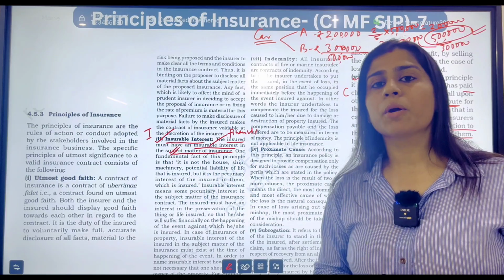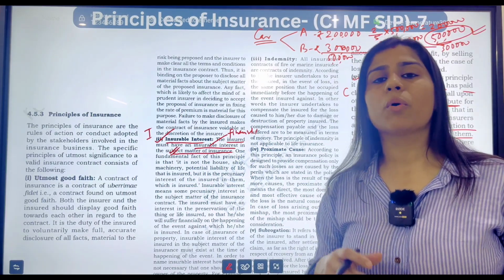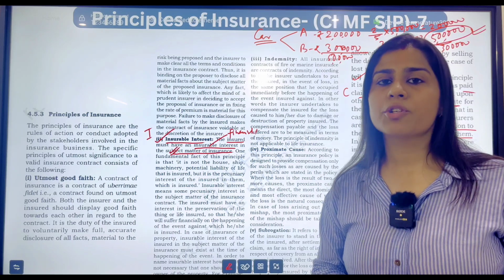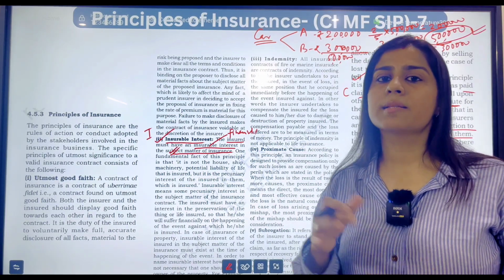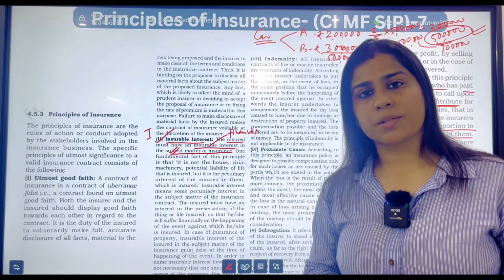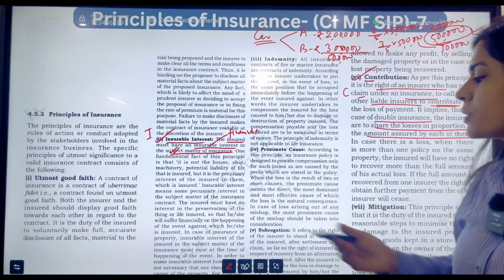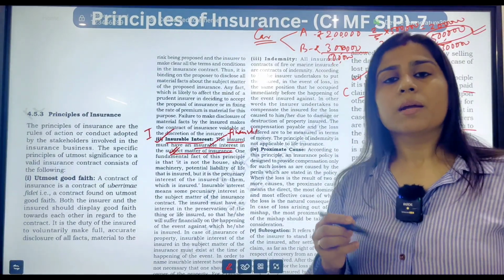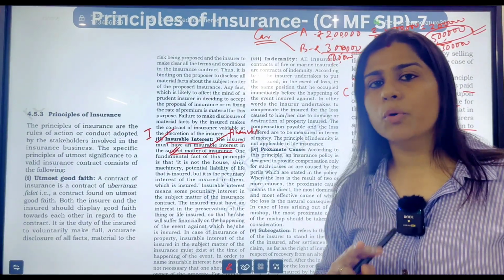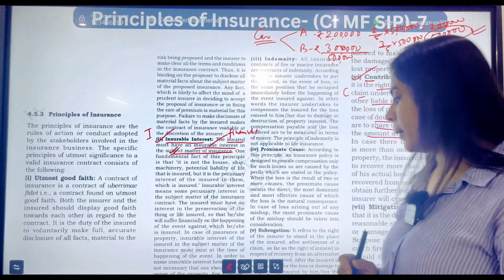Why will he take it? Because he now has an insurable interest, the financial or monetary interest in protection of the property of the other party, because this is how he thinks that his amount will be compensated. So in this case, any other person can also take the insurance for the property of some other person, as both the persons are connected through insurable interest between them.